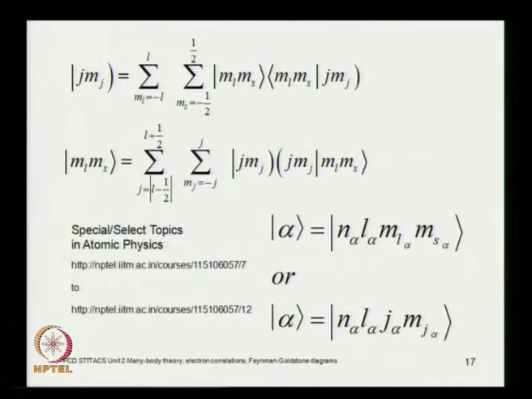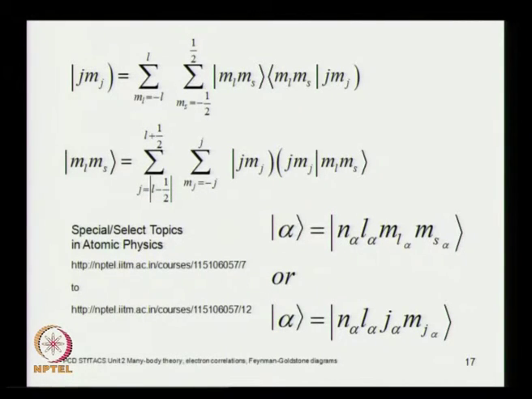Any basis is good, all you need is a complete set of bases, and some of these details again we have discussed at length in our previous course in atomic physics, and some of these video lectures are also available on the internet, and you can refer to that if required.